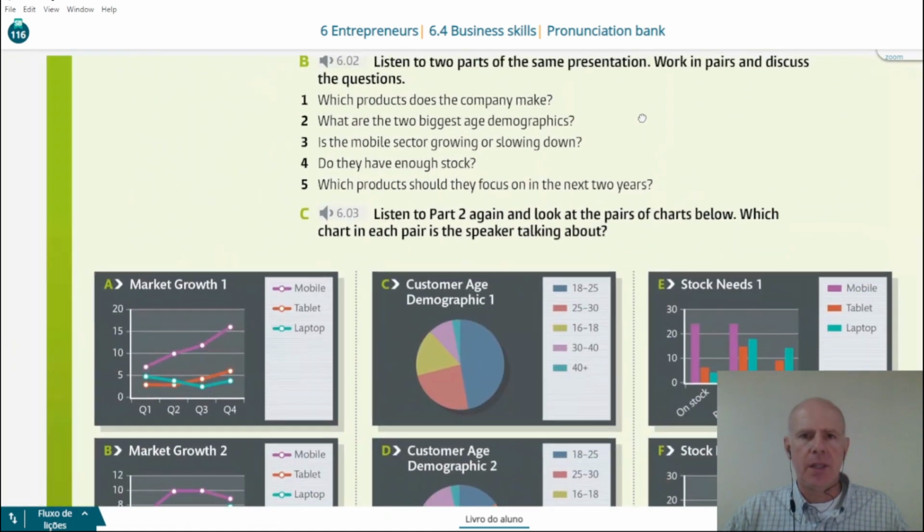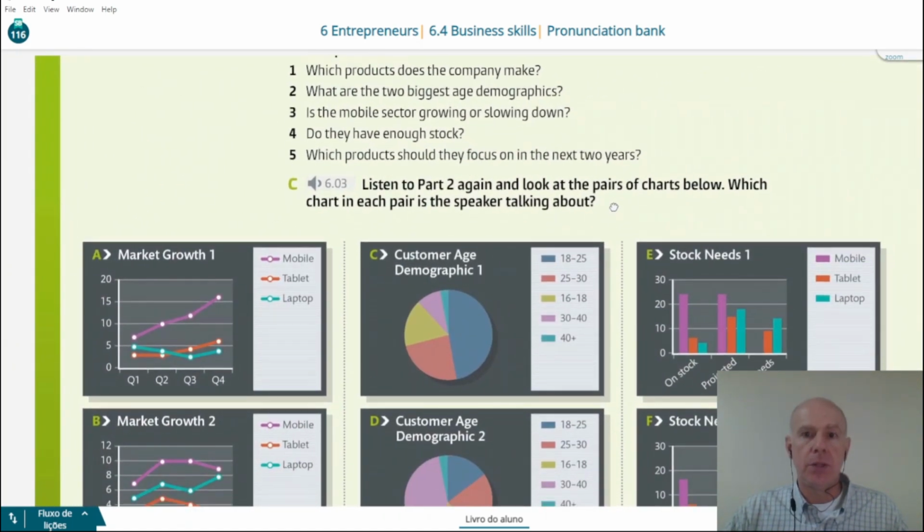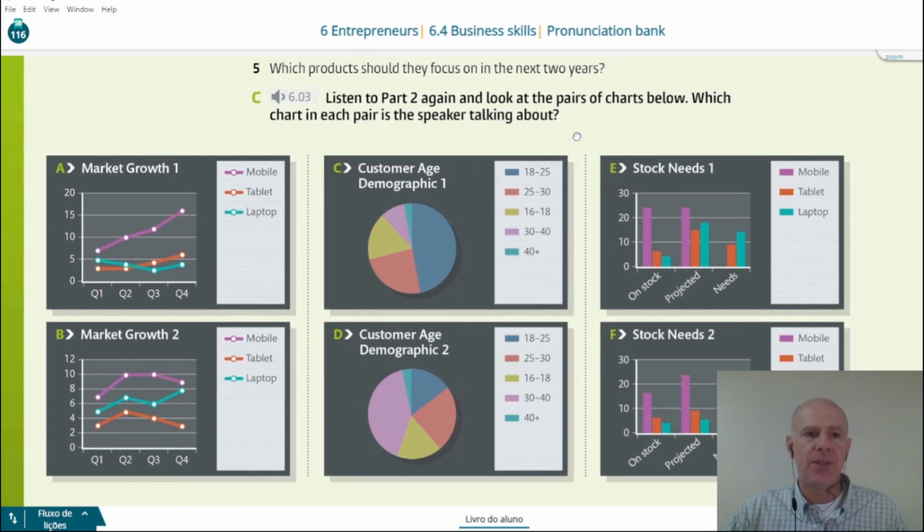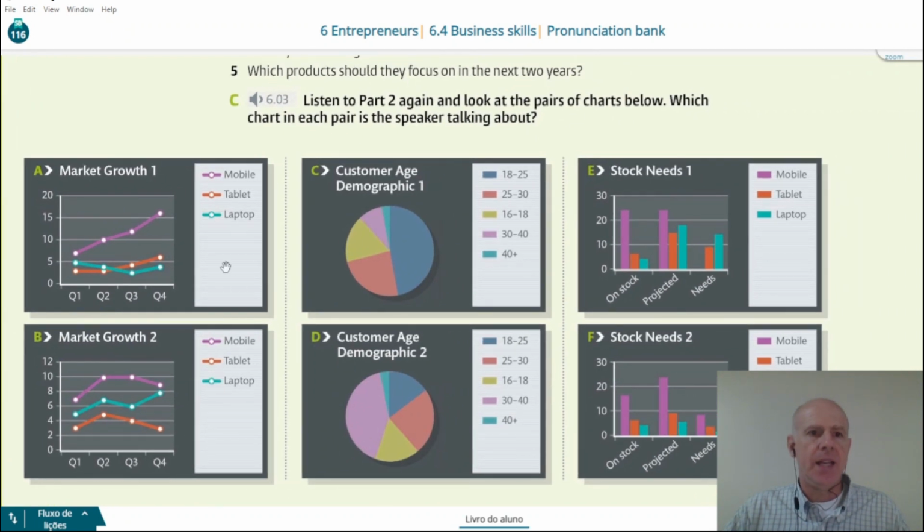Look, here they are talking about these graphs: A and B, C and D, E and F. Do you remember which ones were the correct ones? Yes, it was A, C, and F. So he's talking about these 3 graphs here: A, C, and F.